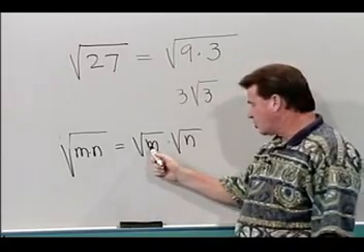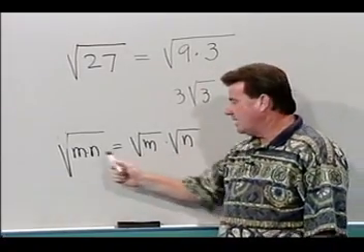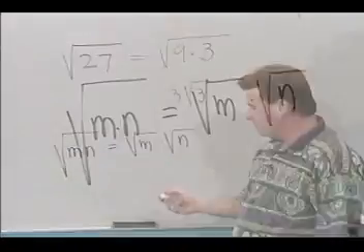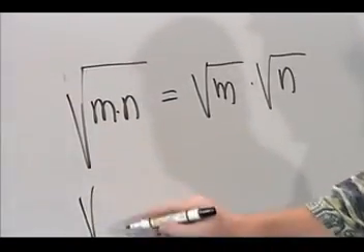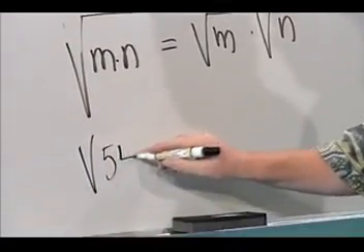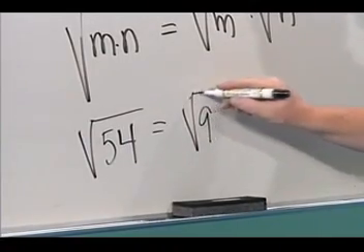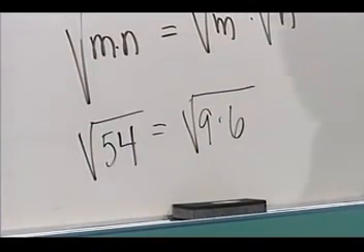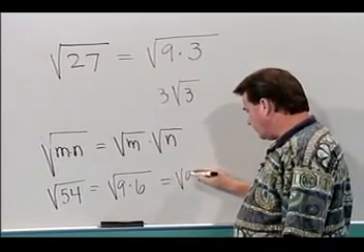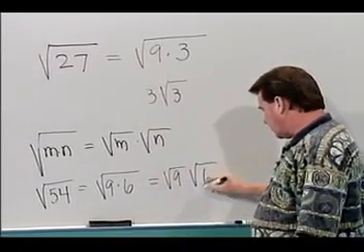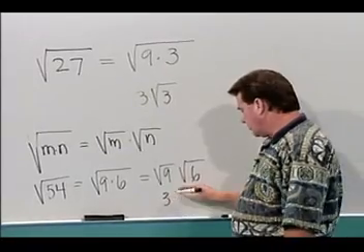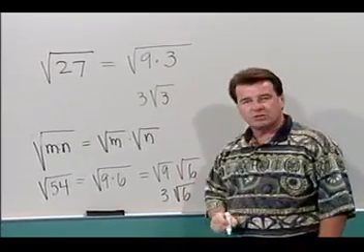That way, when we have a problem like the square root of 54, I'm going to rewrite that as the square root of 9 times 6, which is equal to the square root of 9 times the square root of 6, and the square root of 9 is 3. So this answer is 3 square roots of 6.